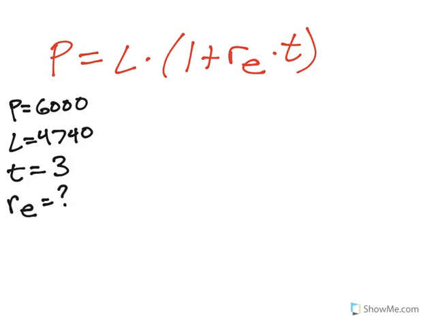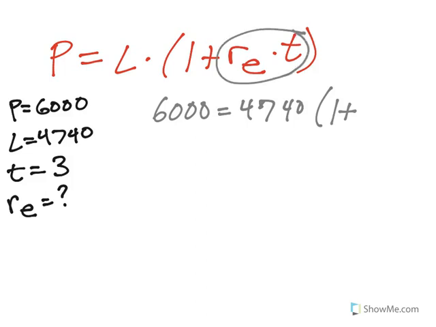So let's plug in what we know. 6,000 equals 4,740 times (1 plus 3 R sub E). The 3 and R sub E are like one thing because they're being multiplied together. I put 3 R sub E because I don't know what the effective rate is. There's a couple of different ways mathematically you can do this.